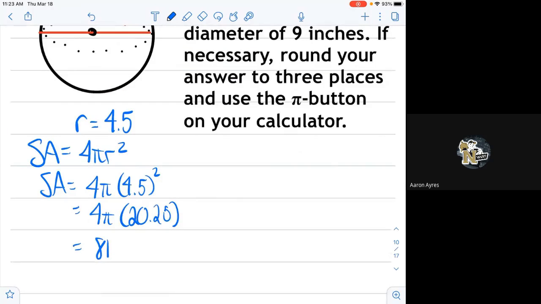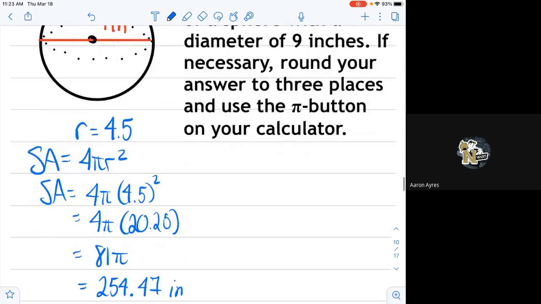This becomes 81 pi, and I believe it becomes 254. Close. Point 47 inches squared.